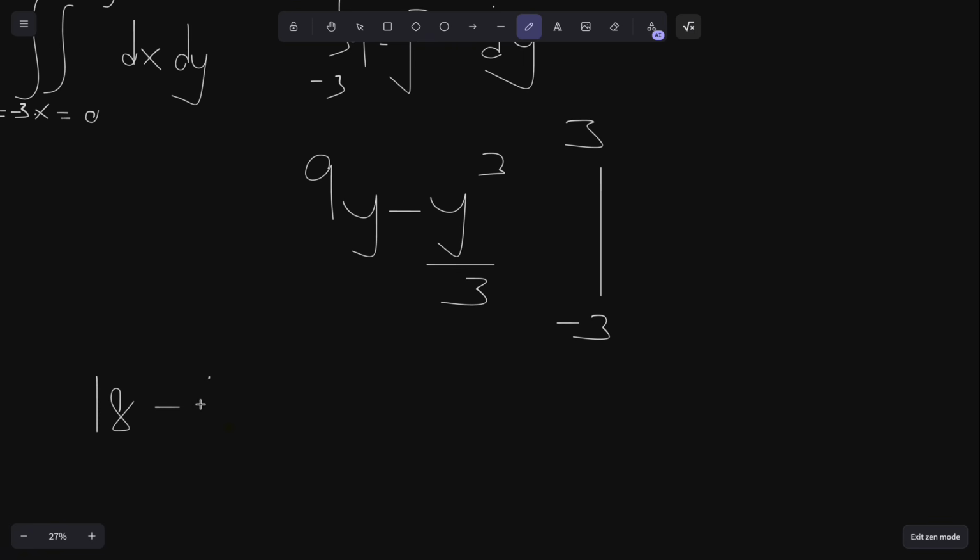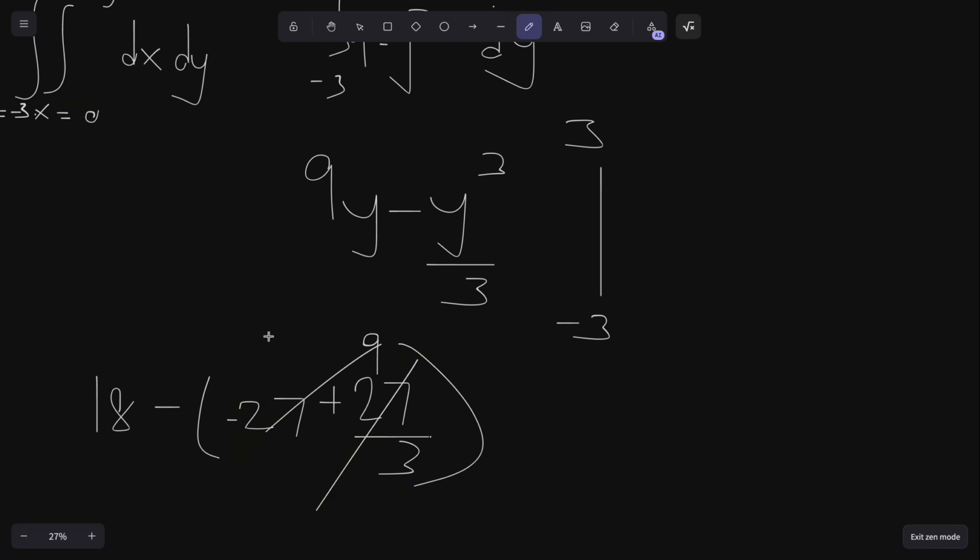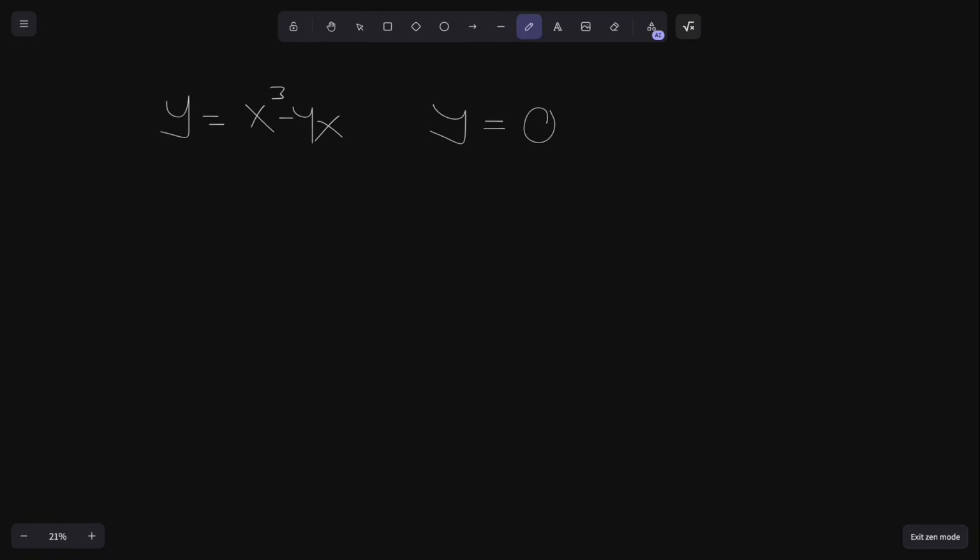And then that's going to be minus, and now we evaluate it at negative 3. So that's going to be negative 27 minus, that's negative 27 as well. That turns into a positive 27 over 3 because 2 negatives cancel out. That's going to be 9. This is negative 18. So negative 18 minus 18 is going to be 36. That is going to be the area of that region.